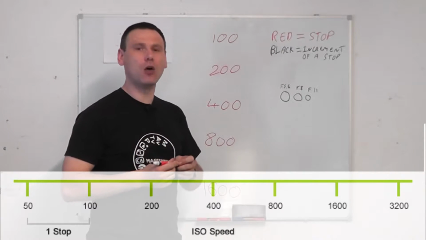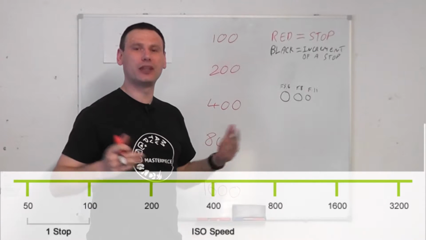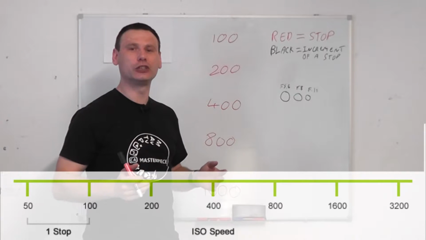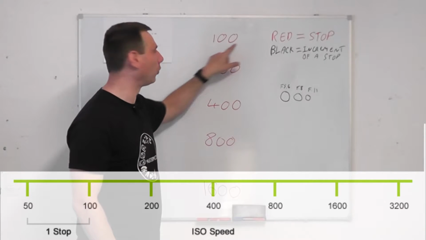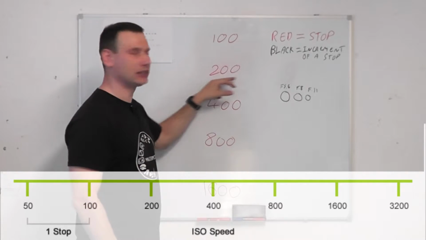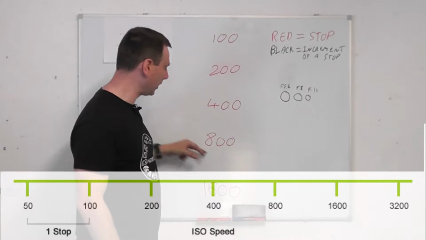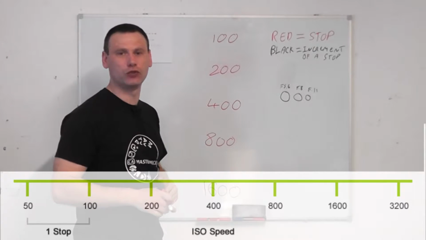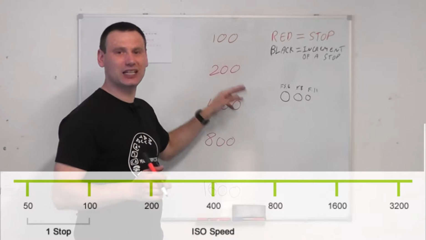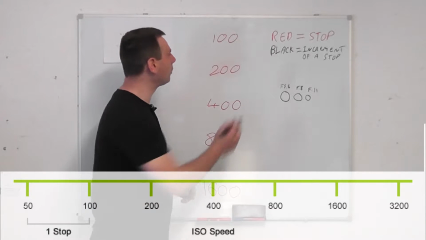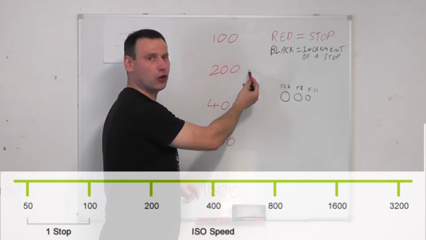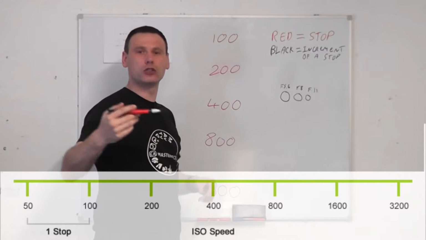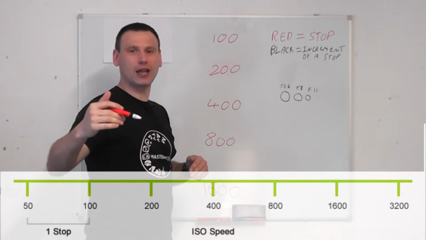But did you know that there's also stops within the ISO range? For example, here in red we have ISO 100, then we have ISO 200, 400, 800 and 1600. Now these are basically stops, so that means if you're on ISO 100 and you move over to 200, you're going to double the amount of light.